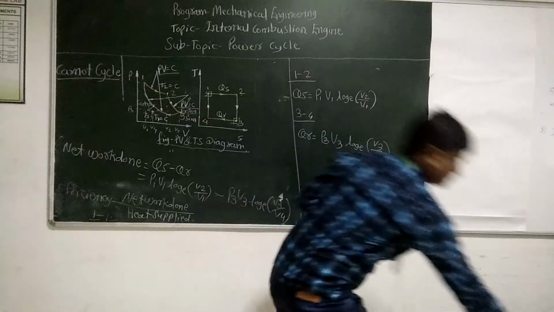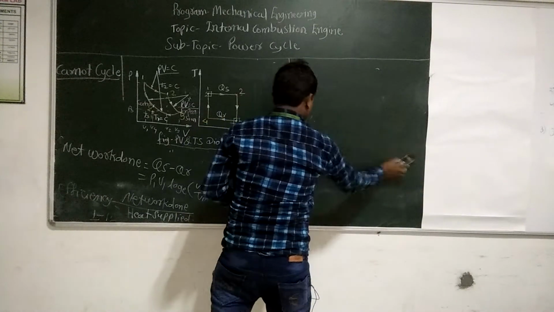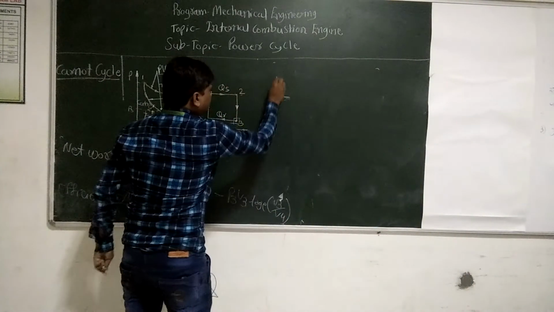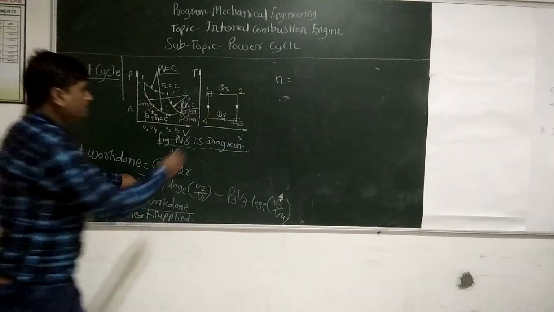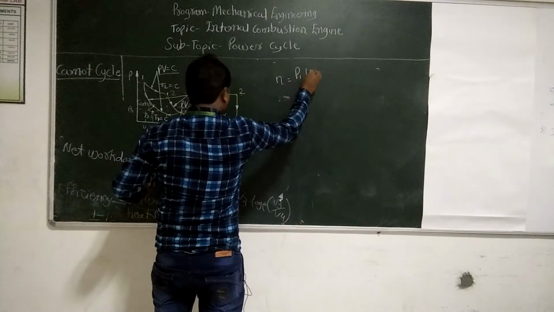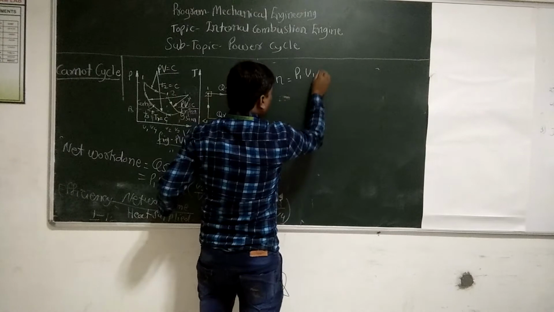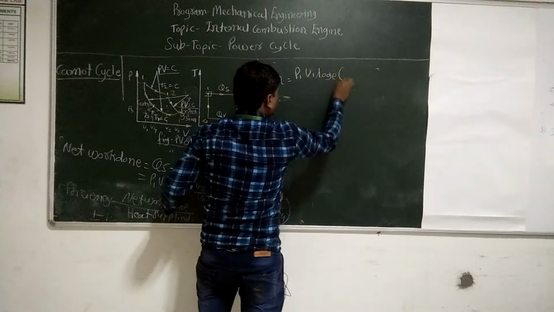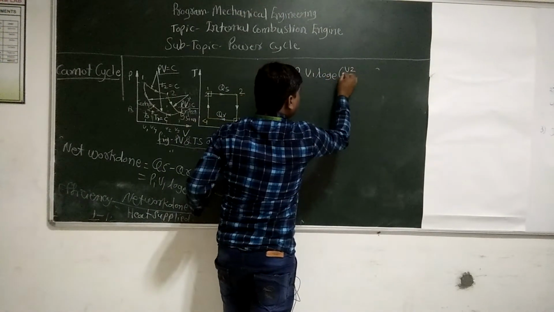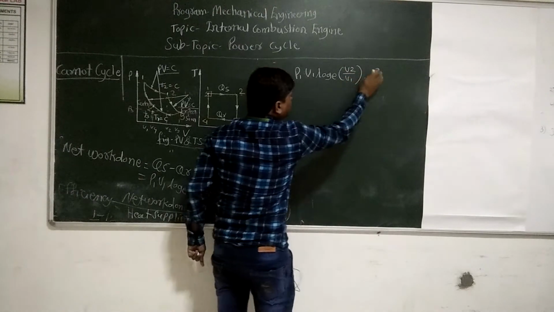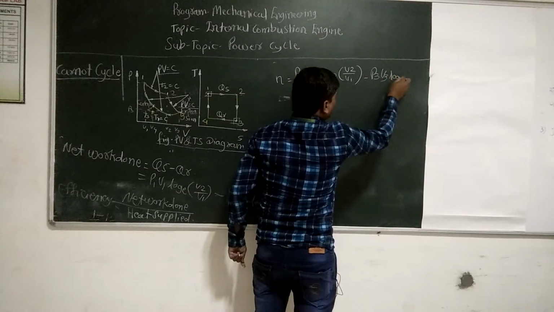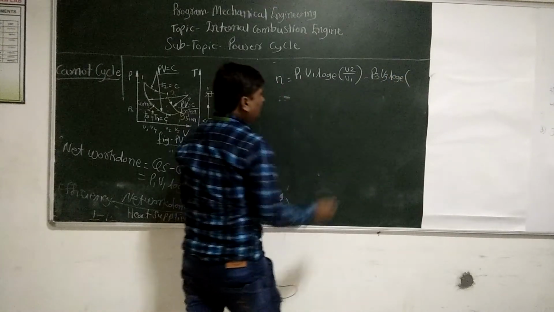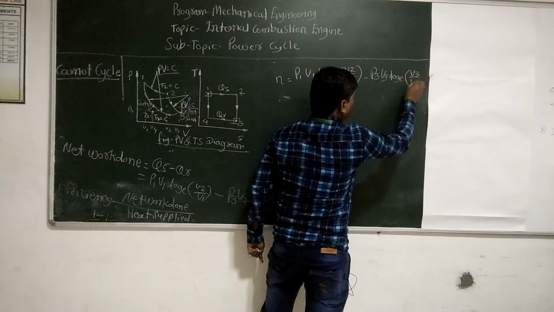The net work done is P1 V1 log of e V2 upon V1 minus P3 V3 log of e V3 upon V4.